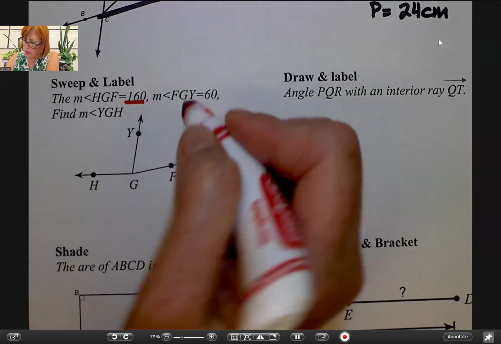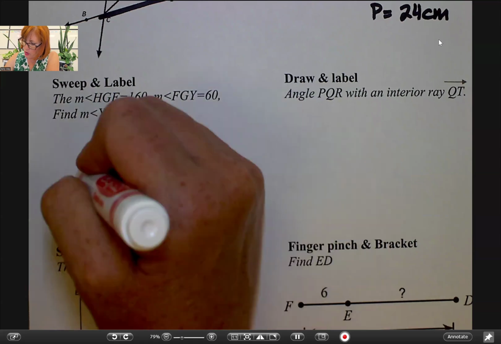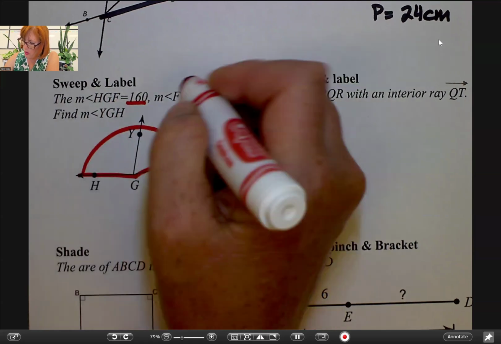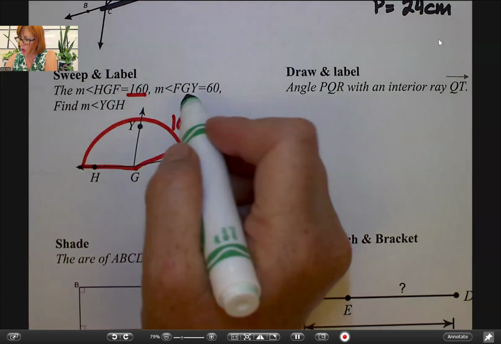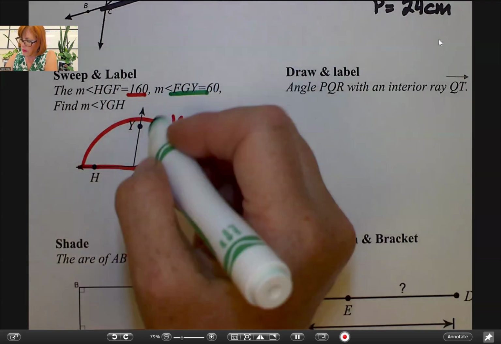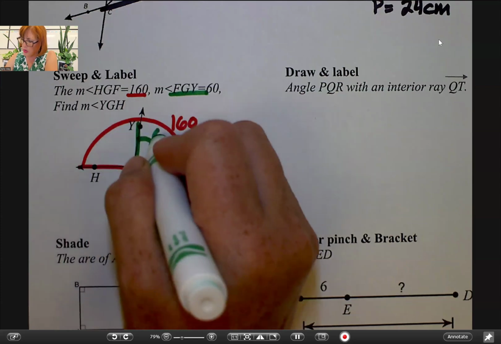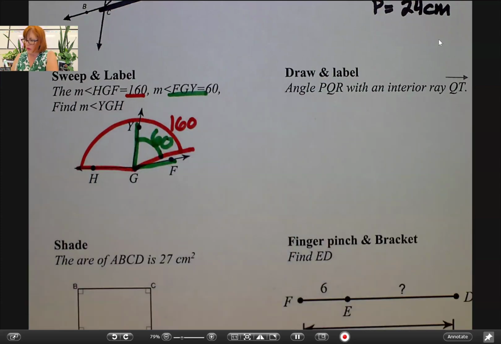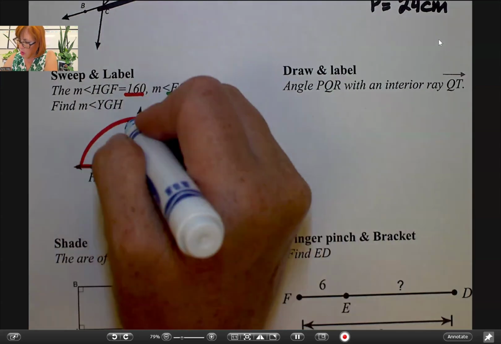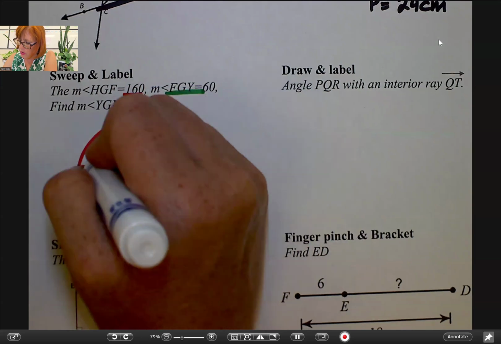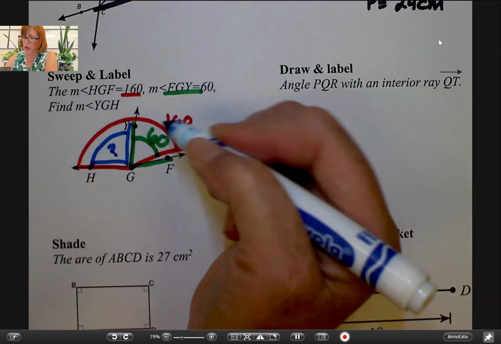HGF, so I trace H, trace, and sweep 160. FGY, trace and sweep 60. YGH, trace and sweep question mark.